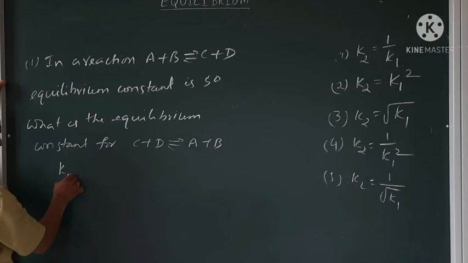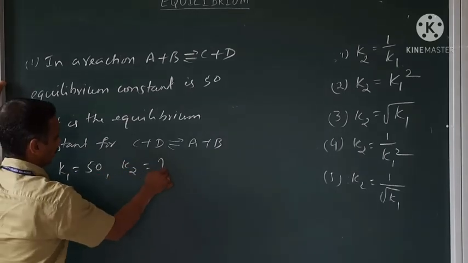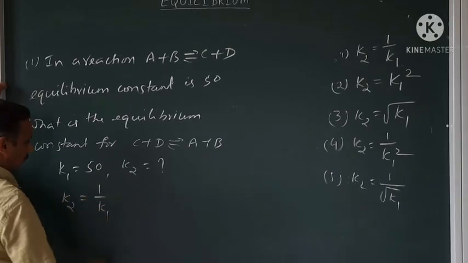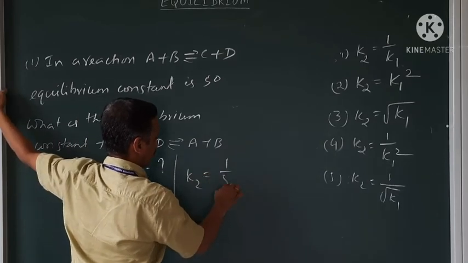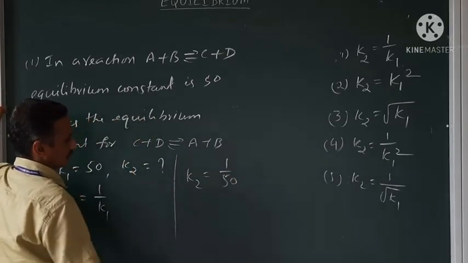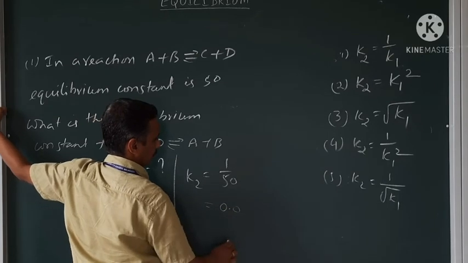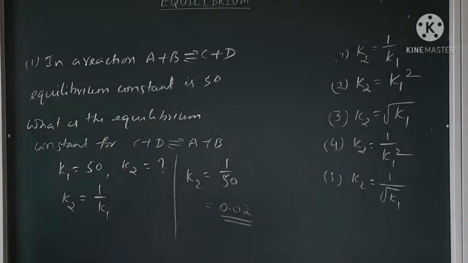So K1 is given, which is 50. K2 should be calculated, and the relation is K2 is equal to 1 over K1. That means K2 is equal to 1 over 50, that is 0.02 will be the K2 value.